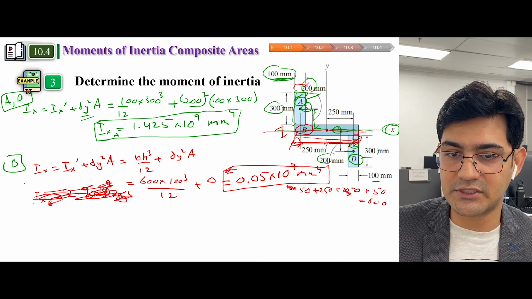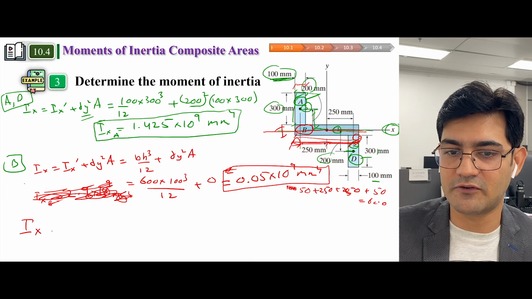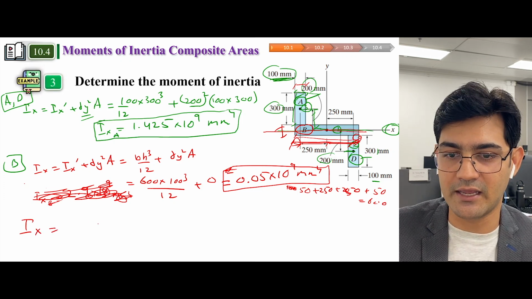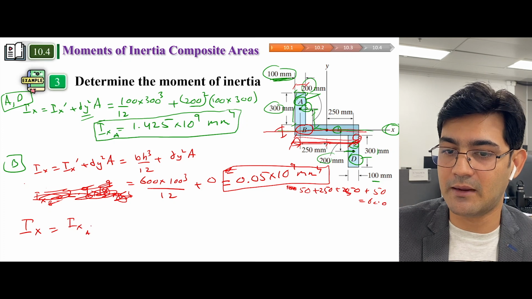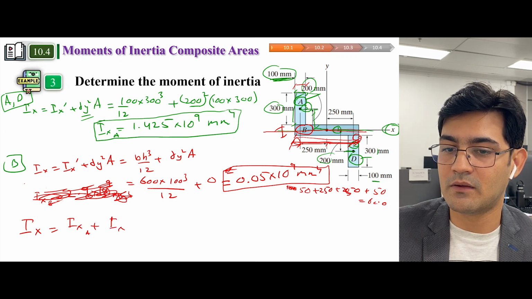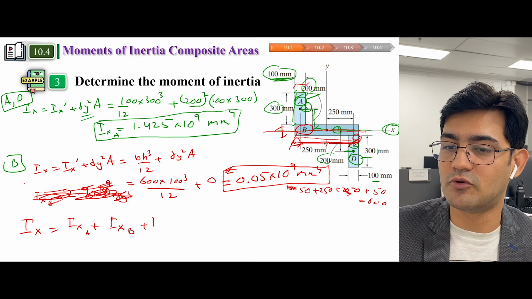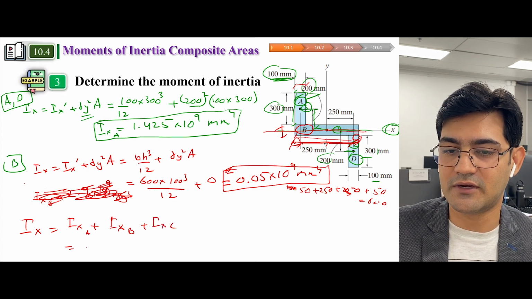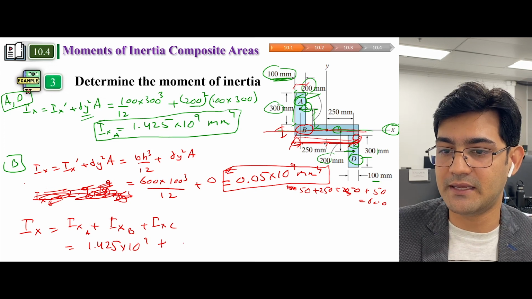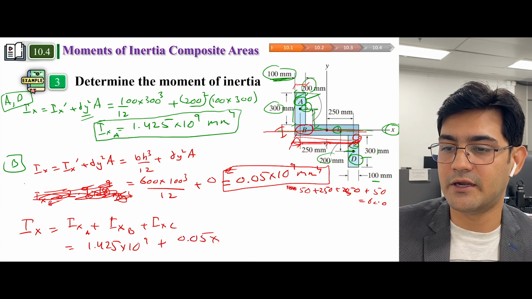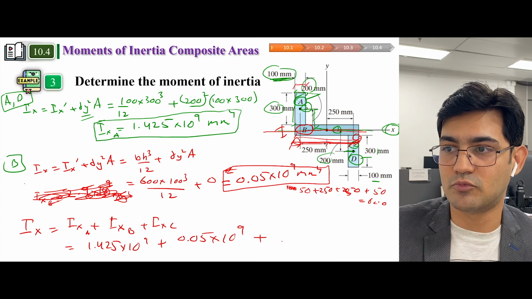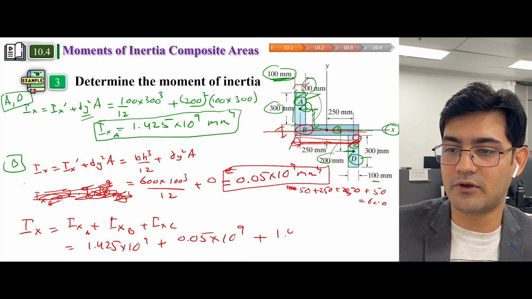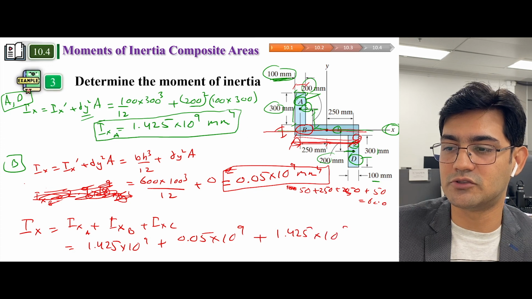Now what is the total moment of inertia? The total moment of inertia is the moment of inertia of segment A plus the moment of inertia of segment B plus the moment of inertia of segment C. So the moment of inertia of segment A is 1.425 into 10 raised to the power 9, plus the moment of inertia of B is 0.05 into 10 raised to the power 9, plus the moment of inertia of D, which is 1.425 into 10 raised to the power 9.